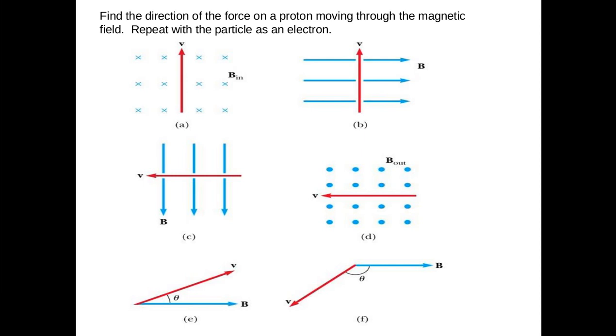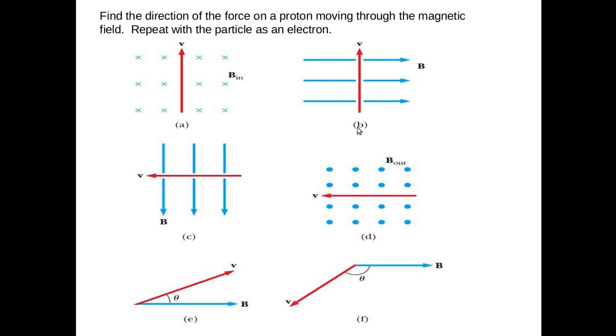That's for a proton. So the force on this particle is in the negative x direction for a proton. Now I want it for an electron. All I've got to do is flip my hand in the opposite direction, and now my thumb is pointing in the positive x direction. So the force on an electron would be in the positive x direction, and the force on a proton would be in the negative x direction.